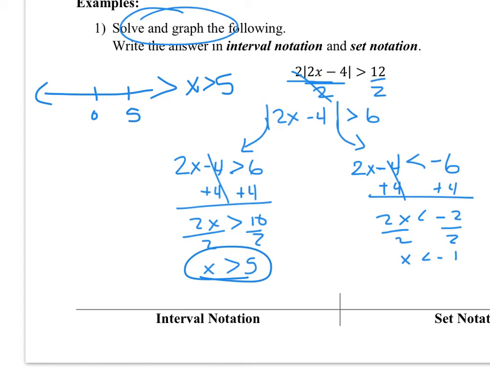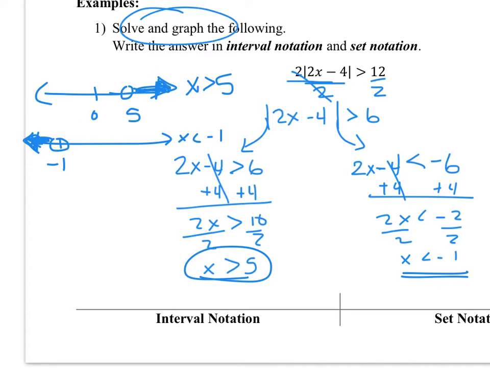Here's 5. So greater than 5 would look like this. It's an open circle. Okay. Less than negative 1. We'll do that one on this number line. Open circle. Going this way.